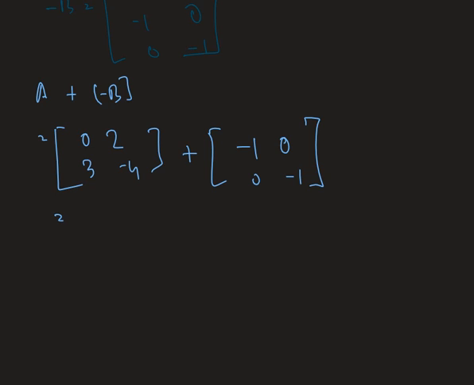As we have been told that A and B are of the same order, then A and minus B must be of the same order. Then we get here minus 1, here 2, here 3, and here we get minus 5. So this is the result of subtraction of the two matrices A and B.